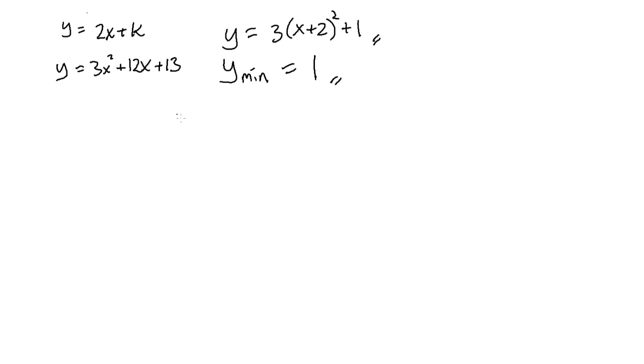So we know that the minimum point has a y coordinate of 1 from the previous part. In order to find this minimum point, you can use the part that is given to you. The only way that this value can be as small as possible is when x plus 2 is 0, and therefore the x value will be minus 2, and that is the minimum point.